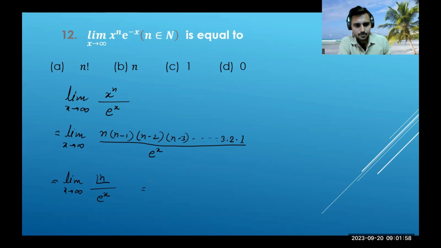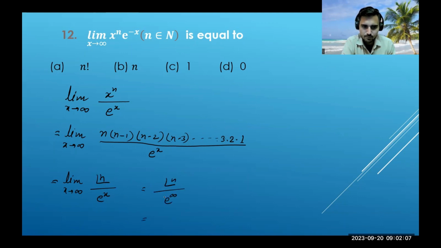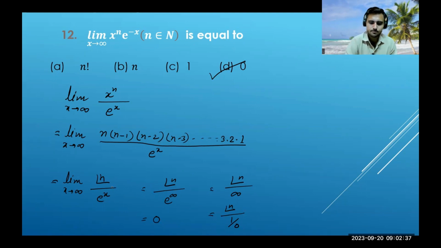So now we'll put the limit. In the denominator we have e raised to the power infinity, which is just infinity, and in the numerator we have the constant factorial n, so it will become 0, right? So we have answer D. Because factorial n is a constant and we can understand infinity as 1 upon 0, so when we solve it, we'll get 0, right? So that's question number 12.